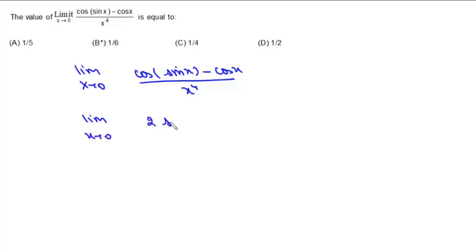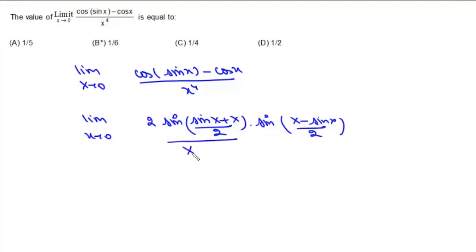So it will be 2 sin of (c plus d) by 2, so there will be sin of (x plus sin x) by 2, into sin of (d minus c) by 2. So there will be sin of (x minus sin x) by 2.